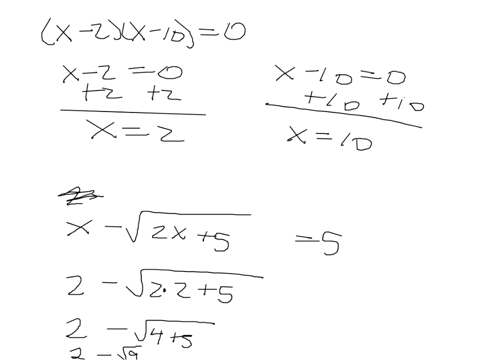So 2 minus the square root of 9 is 2 minus 3, which is equal to minus 1, and is not 5. So this is not a solution. Do it for the other one.